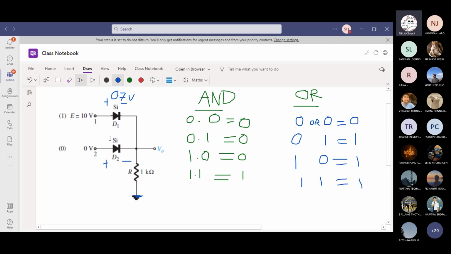Off. Off, open circuit, no current flows. So now your voltage probe, the voltmeter probe, is at this point. It is sensing the volt. If you try to find the exact voltage value, analog value, what will this be?